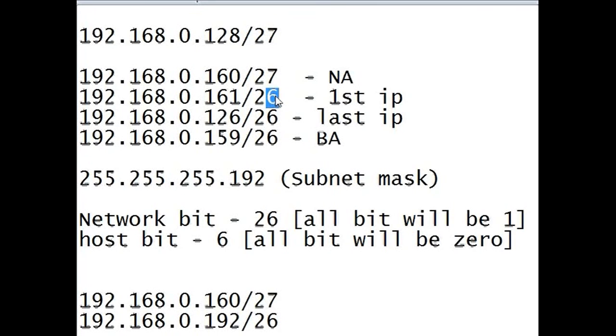Since this is all /27, this is how I will calculate my subnet mask, because the network bit is 27 and the host bit is 5. Sorry, this is 128, this will be 129, and this will be 158. So this is my first IP, last IP, and all those things.